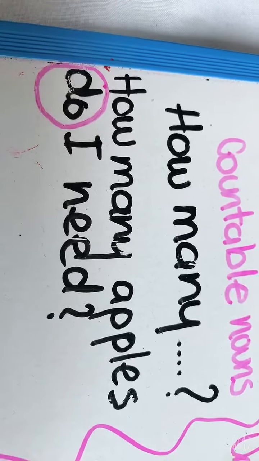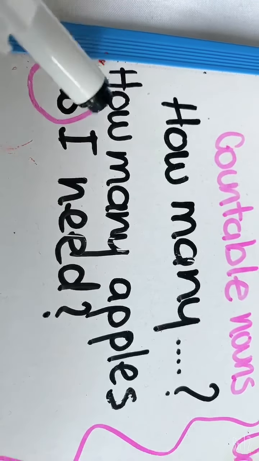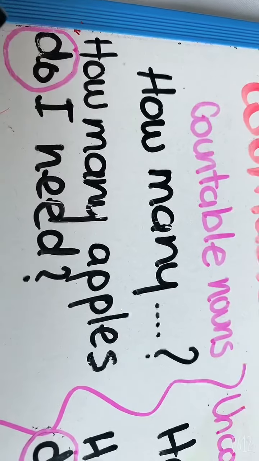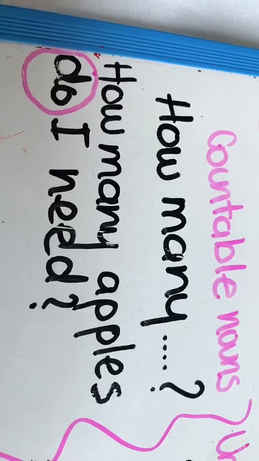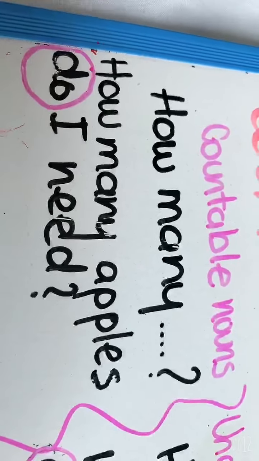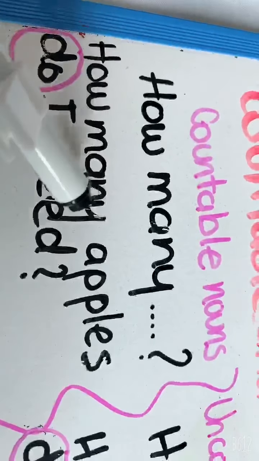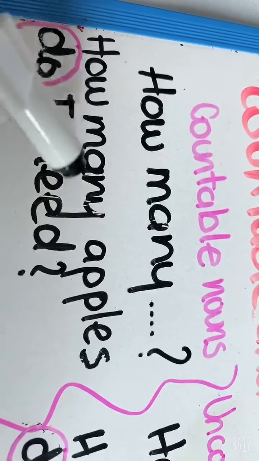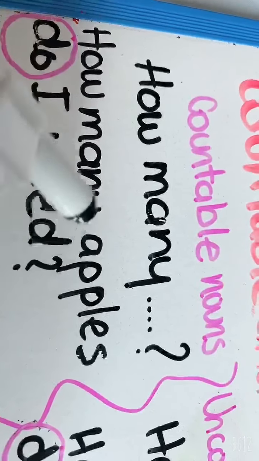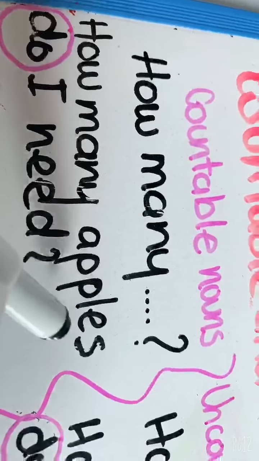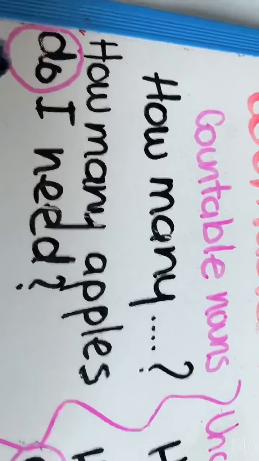Here we have one example. So, how many apples do I need? As you can see, the structure of the sentence is very easy. First, we are gonna have the question, how many? After that, we are gonna have the object, in this case, apples.